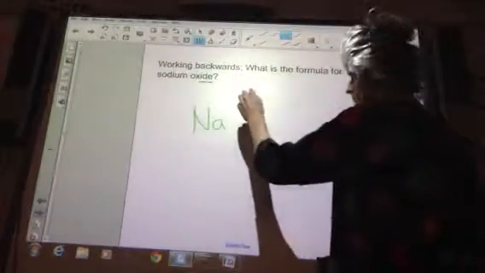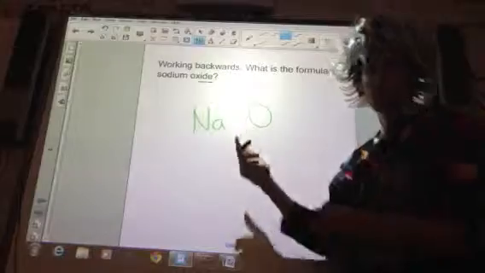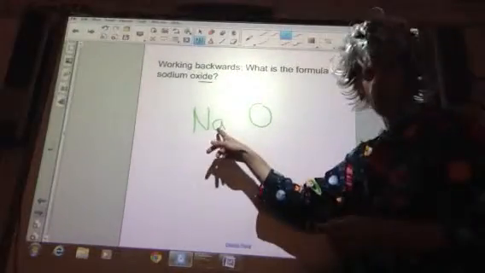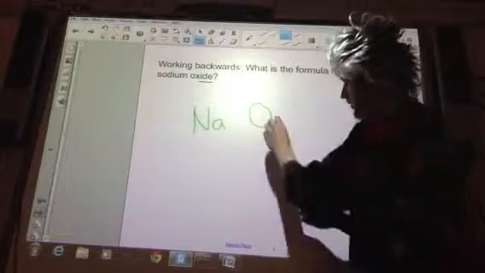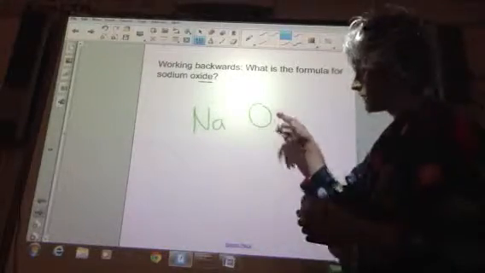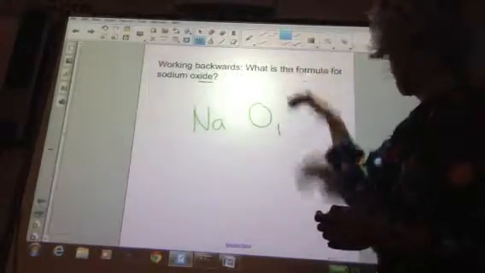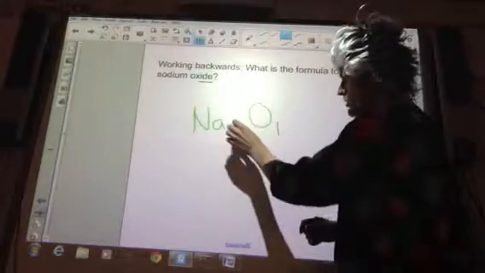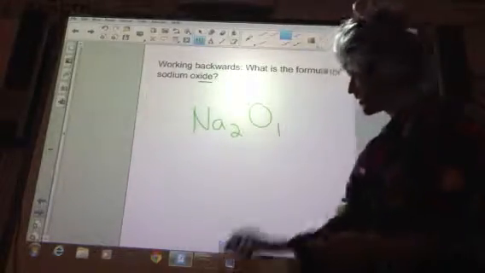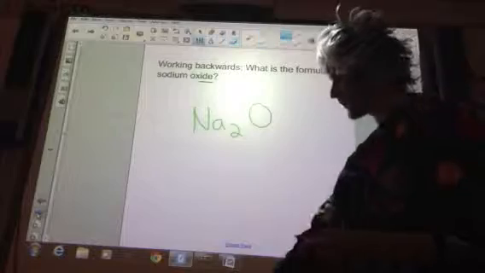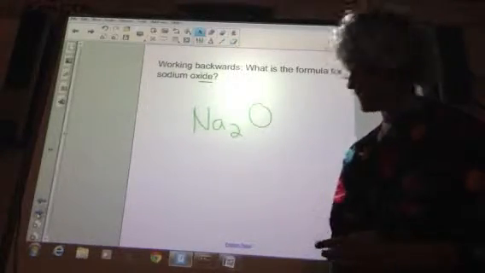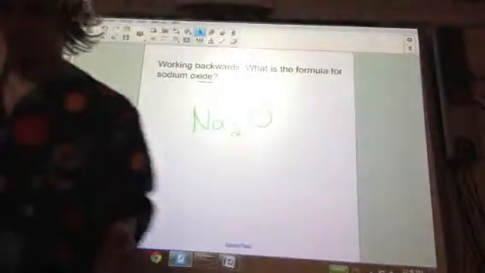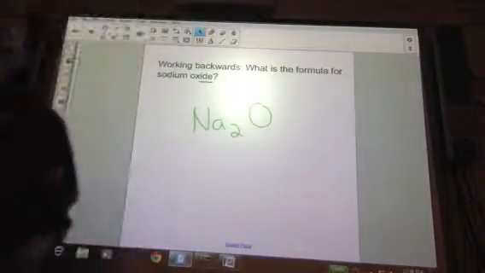Oxygen is O. The valence electrons of Na is 1, so it wants to be plus 1. So you put the 1 there. For oxygen, it is minus 2, so the 2 goes there to balance it out. You don't have to put the 1 there, so exactly like potassium oxide, sodium oxide is written very similarly.